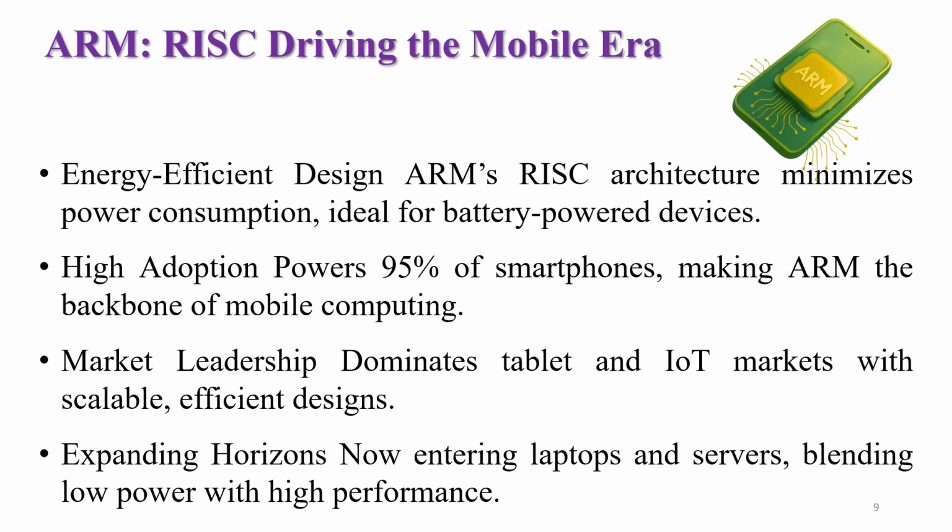ARM is entering laptops and servers as well. ARM shows the power of RISC in real world applications, balancing high performance with very low power consumption. So, if x86 represents the desktop era, ARM represents the mobile and IoT era.